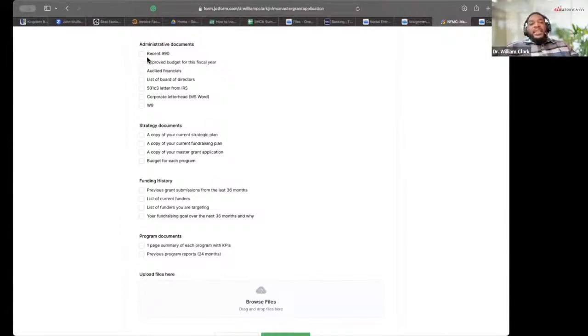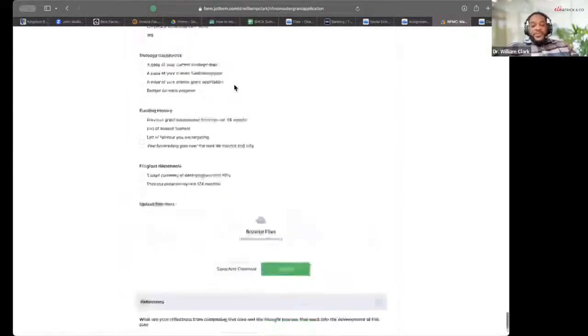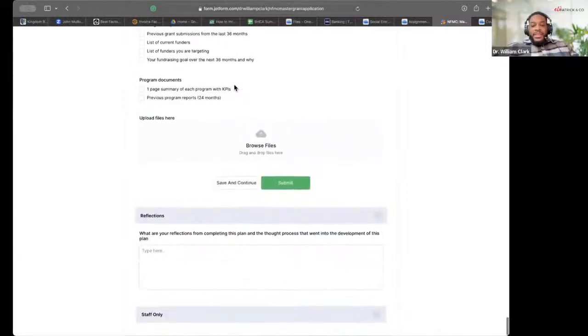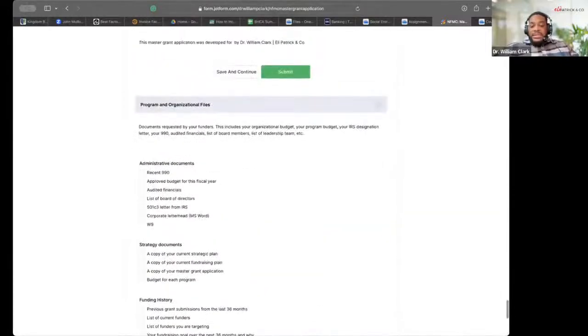This is designed to say, hey, if you're going to start pursuing funding opportunities, you might want to start organizing these docs on a regular basis and updating them on an annual basis on schedule. Your updated 990, approved budget, audited financials, list of board members, 501(c)(3) letter, W-9 form, et cetera, et cetera. And that is it.